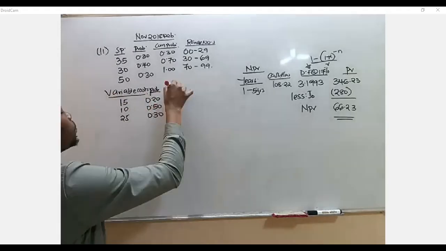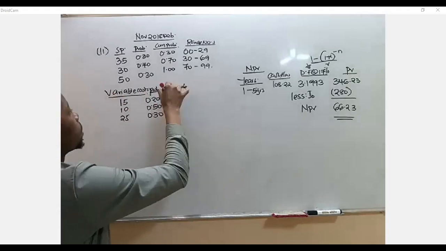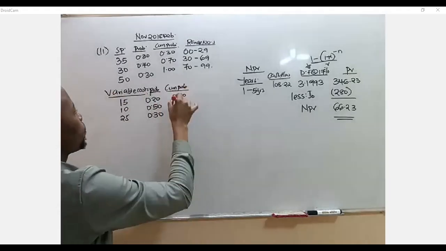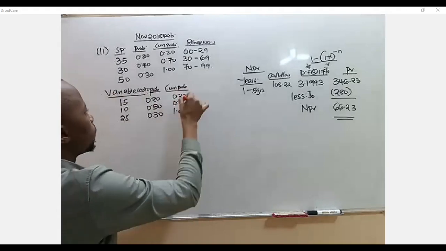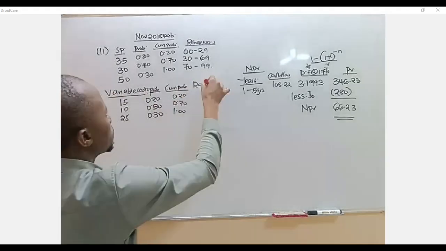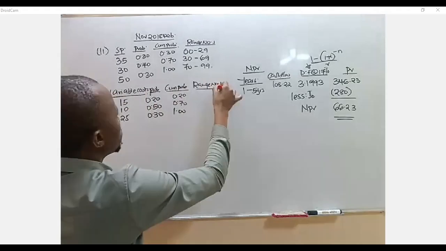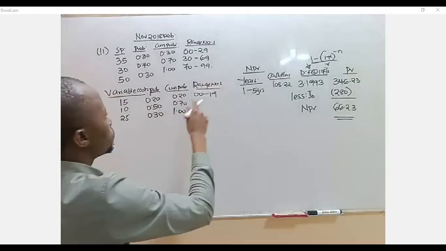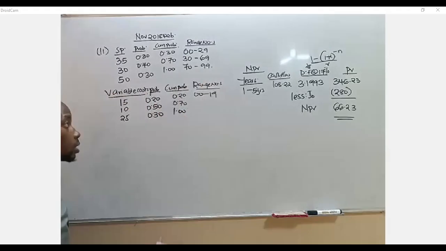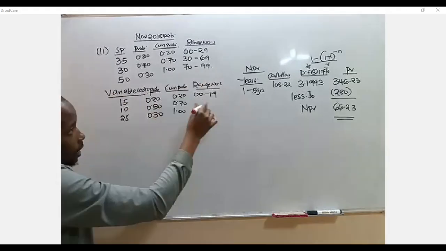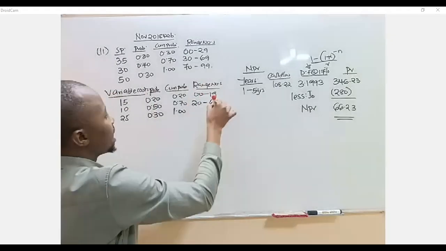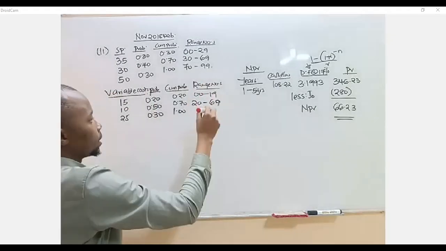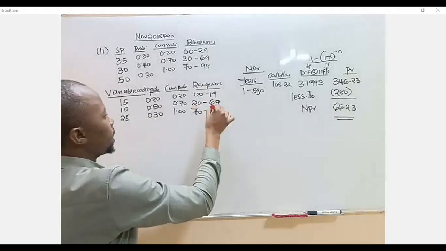Calculate cumulative probabilities. 0.20 plus 0.50 getting 0.70 plus 0.3 getting 1. Range numbers look similar. So you start 00 to 19, you subtract 1 out of the probabilities here. Then in 19, you add 1, it becomes 20 to 69. I mean I have subtracted 1 for 70. Then we have 70 to 99.